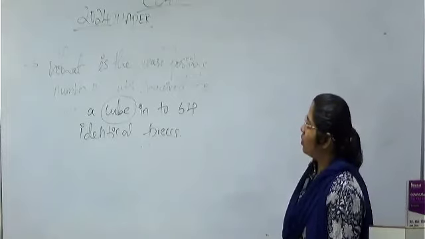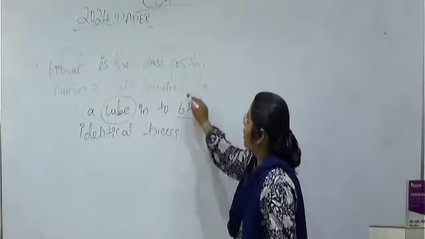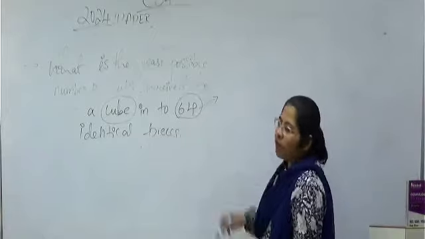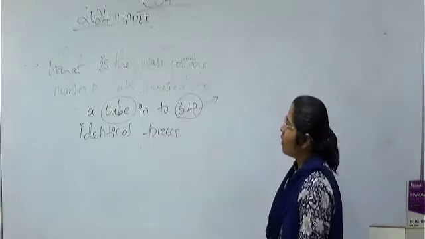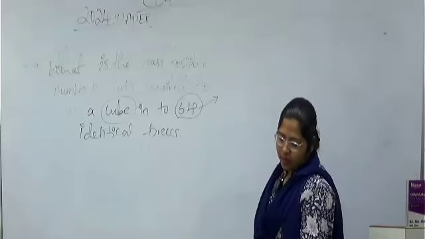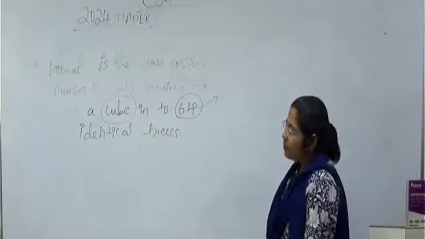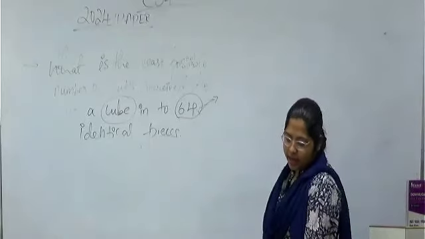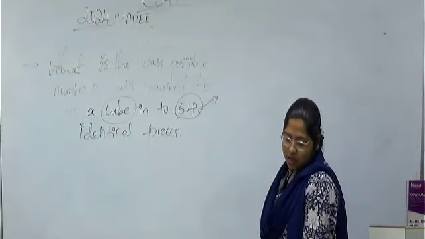To cut into identical pieces, you need to figure out the number which is a perfect square and perfect cube of 64. It can be a square also and it can be a cube also. What is the perfect square and cube of 64? 8, right? Yes or no?